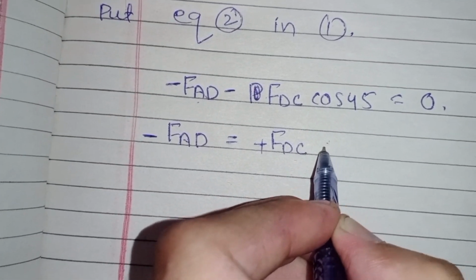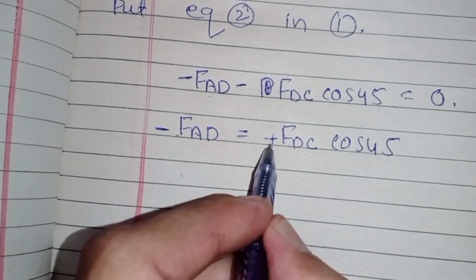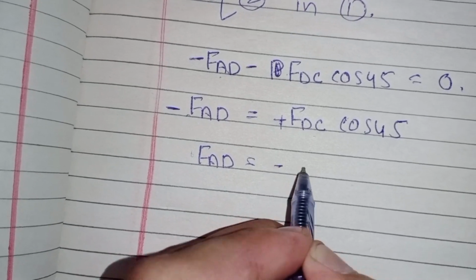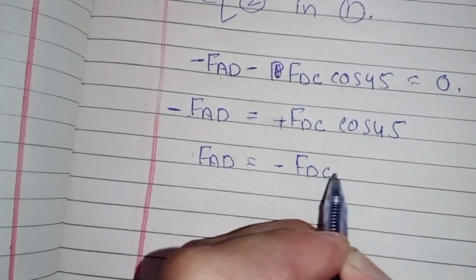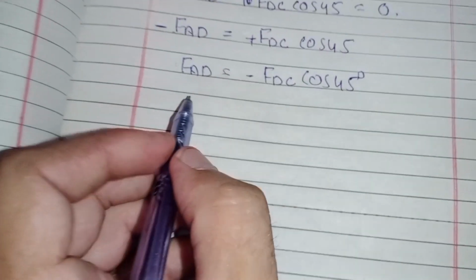FAD equal to negative FDC cos 45 degree.